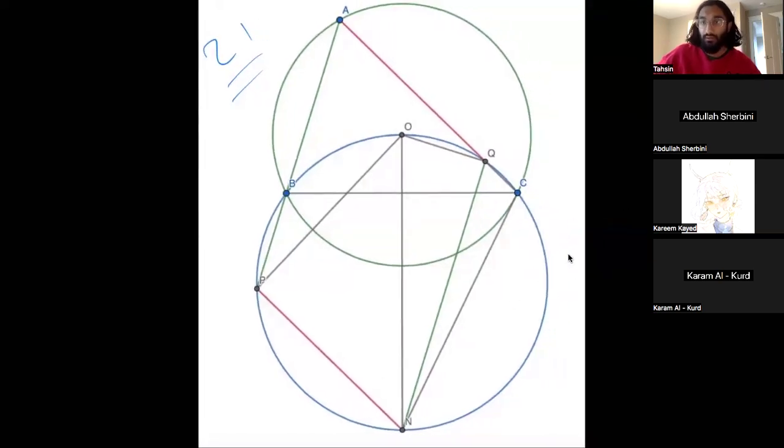Abdullah and Karam, have you guys found the problem? It's problem 21 on the new document.